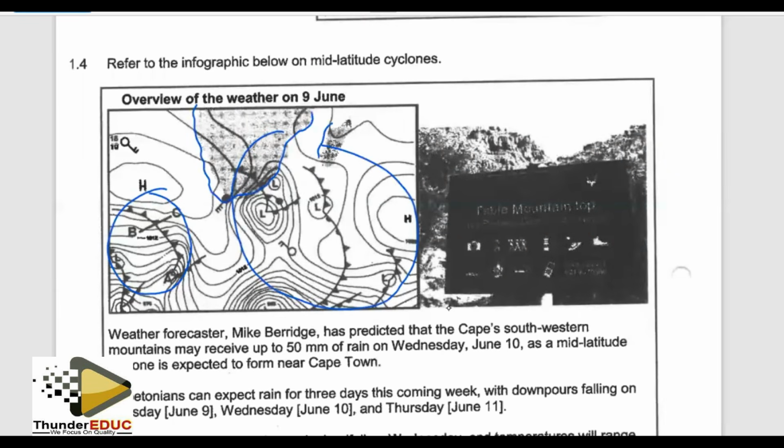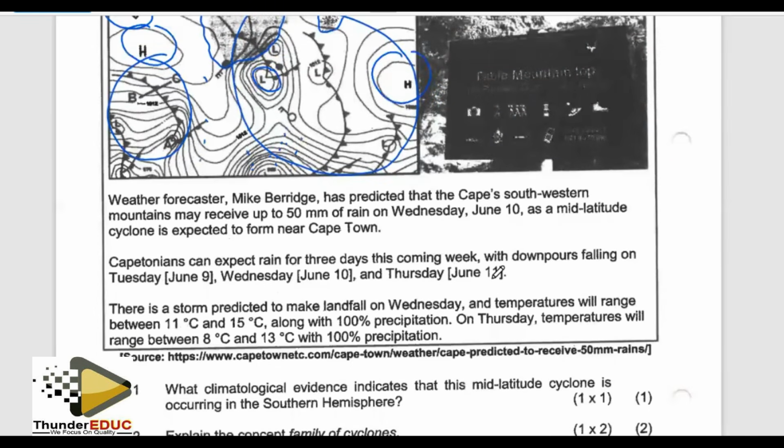You can see Madagascar. There's the high pressure cell here. There's another on this other side. These are MLC, of course, they are low pressure cells. These are isobars. You can see a steep pressure gradient here. There's a stationary model here. So always try to analyze the infographics, and as well read the information that is indicated.